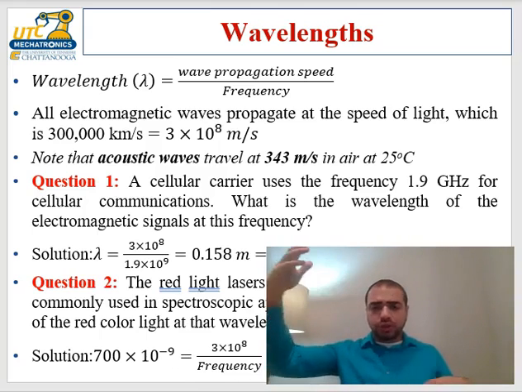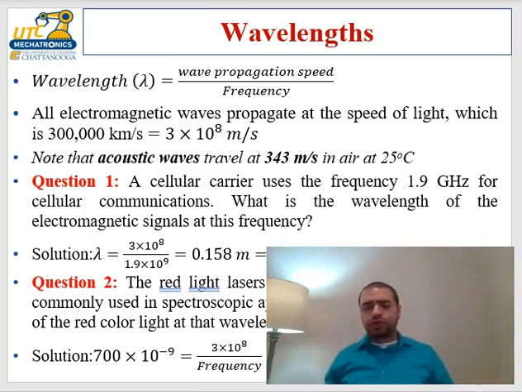So 2 or 3 meters corresponds to about 300 megahertz. Like for a cell phone, 15 centimeters corresponds to 1.9 gigahertz, and so on. So you can tell the frequency being used for communication by looking at the size of the antenna, because it has to correspond to the wavelength.